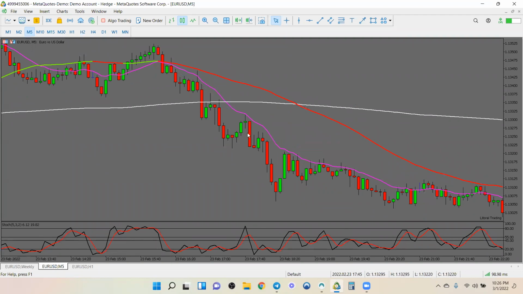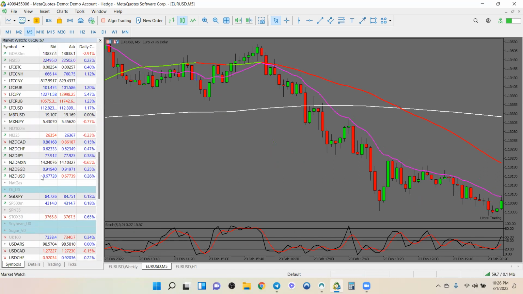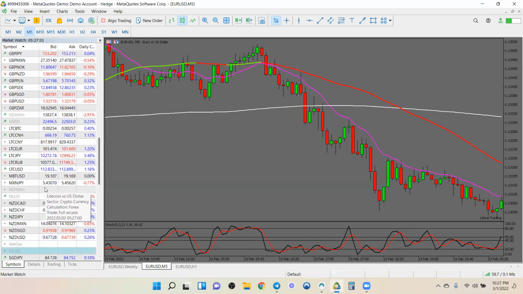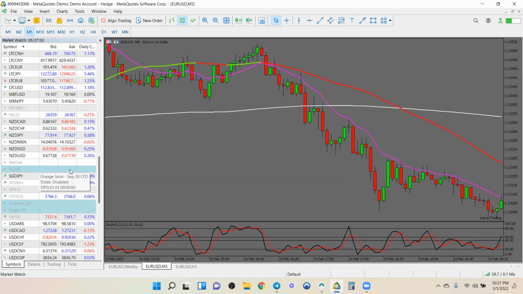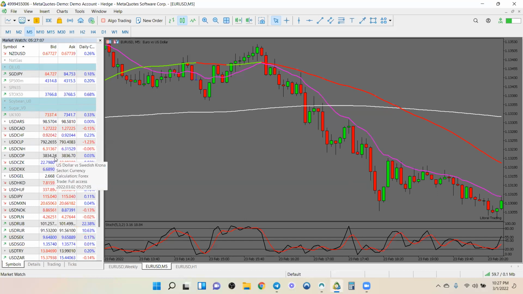Well, I had a question about that. I was trying to practice counting on a different pair, but for some reason I cannot pull up the NAS on my Market Watch. Where is it? It's grayed out or something like that for me.